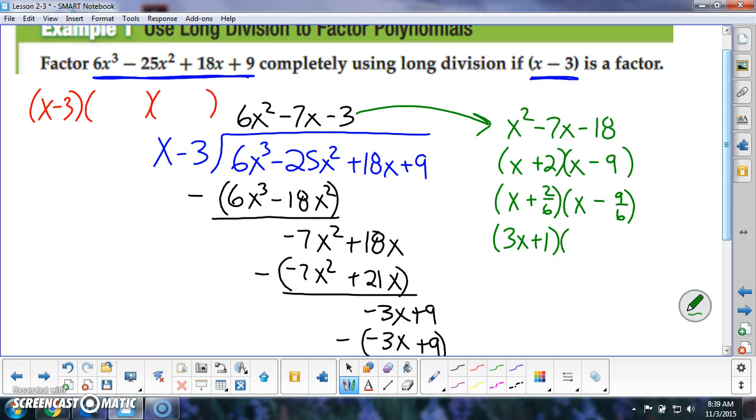And let's see here, that's going to be 3 over 2, so 2x minus 3 are my other two factors. There is my factored solution.